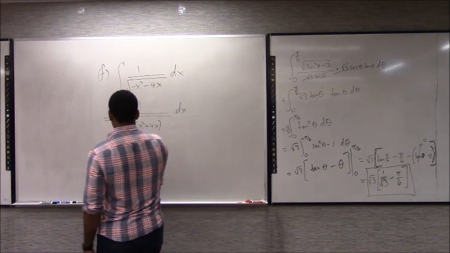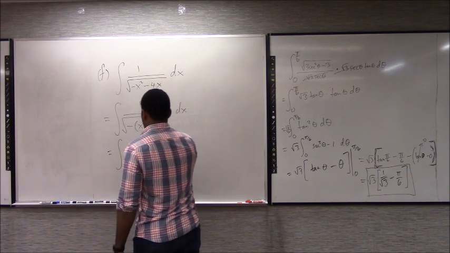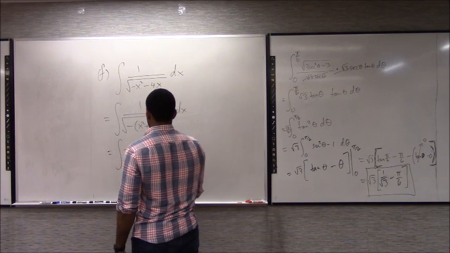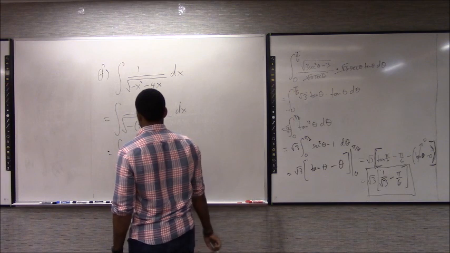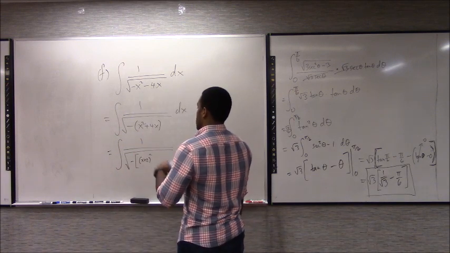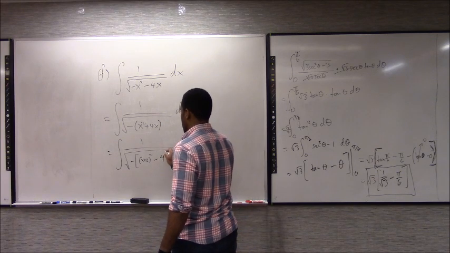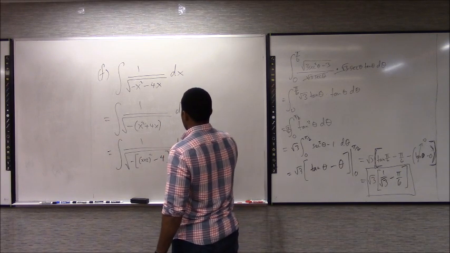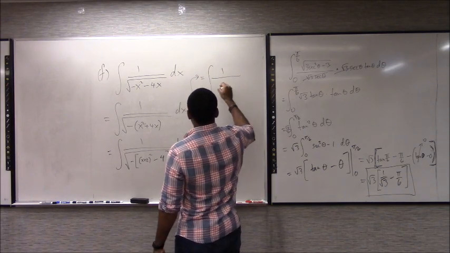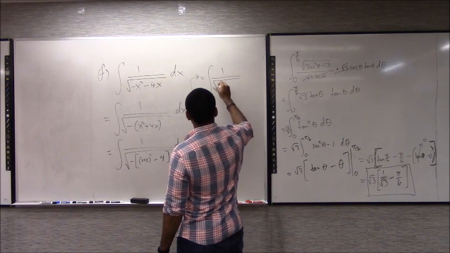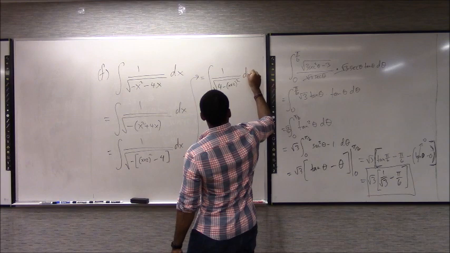You can complete the square inside these parentheses, which would look like x plus 2 all squared. That would give you x squared plus 4x plus 4, but since there's no plus 4, there's a minus 4. And so this leaves us with 1 over the radical of 4 minus x plus 2 squared dx.